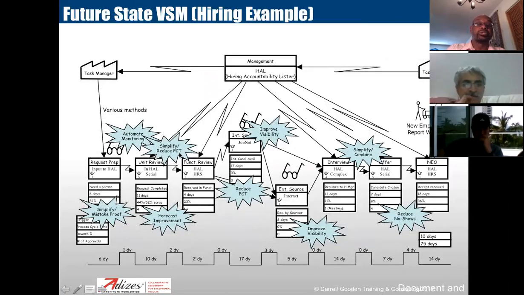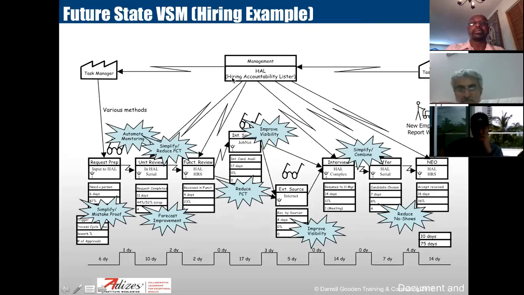And it simply does this. These little explosive things are opportunities for improvement, right? Reduce this, improve that, improve visibility, reduce that. So you looked at a future state map, it says we're going to look at certain areas, and we know that 1, 2, 3, 4, 5, 6, 7, 8, 9 things evolved out of this for which we could target to make better.